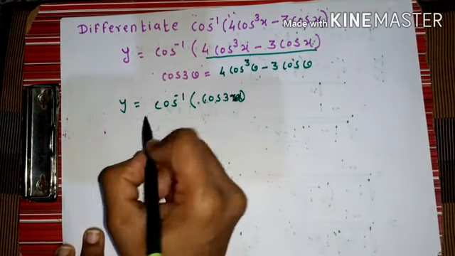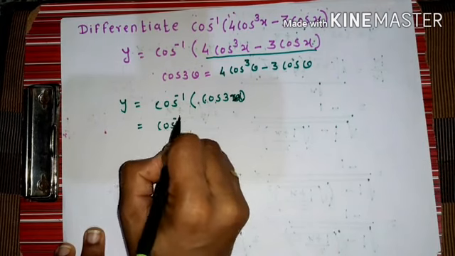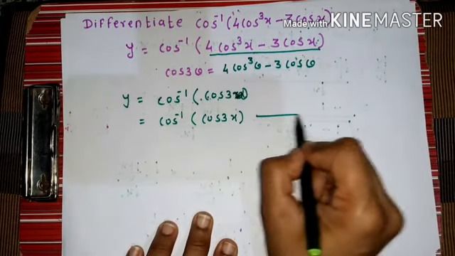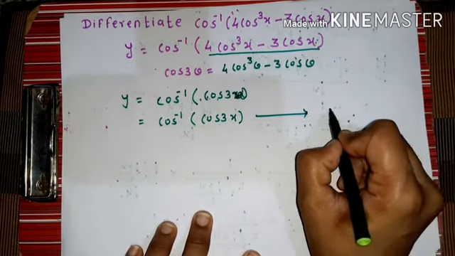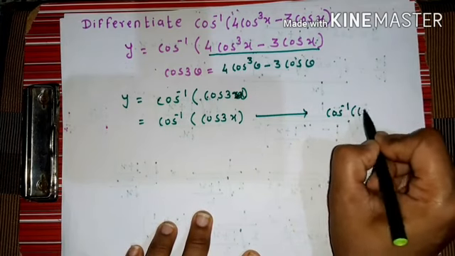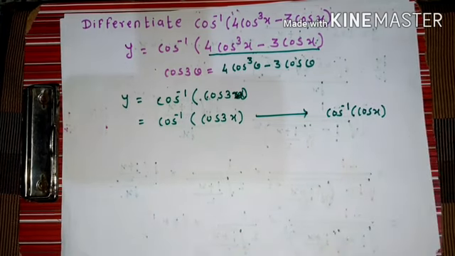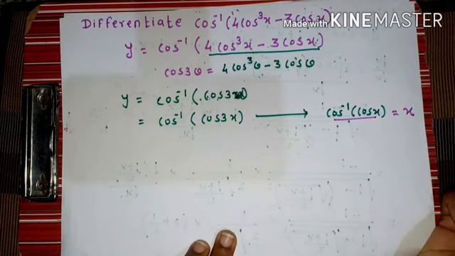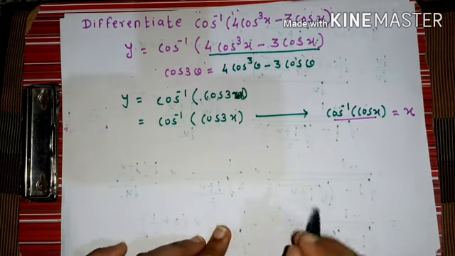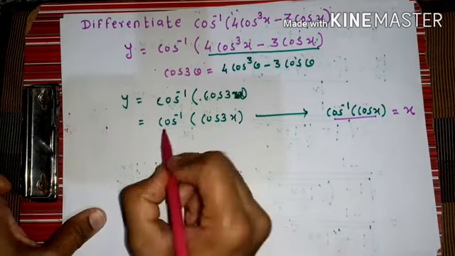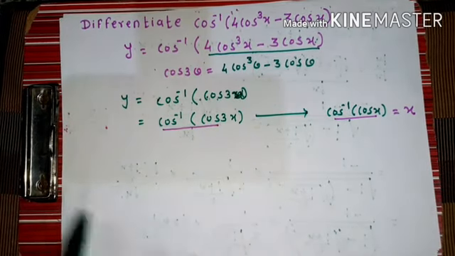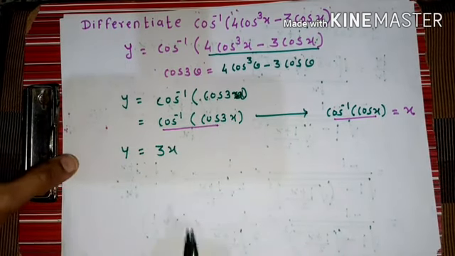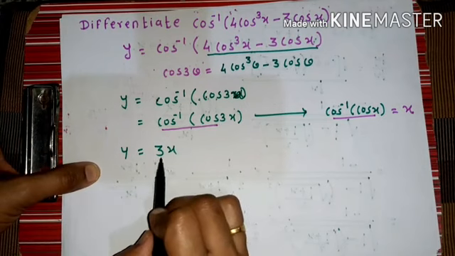Okay students, according to the inverse function, we know that cos inverse of cos of x is equal to x, a very important formula. By using this, the cos inverse of cos gets cancelled and hence we get y equal to 3x.